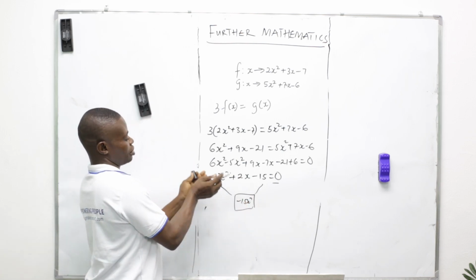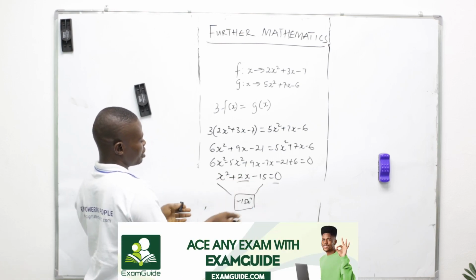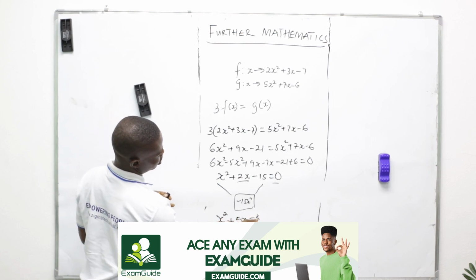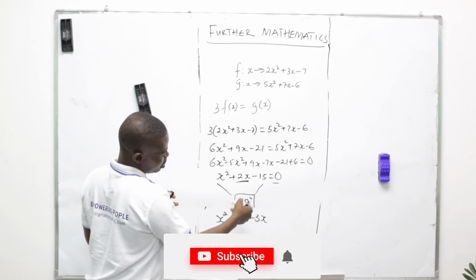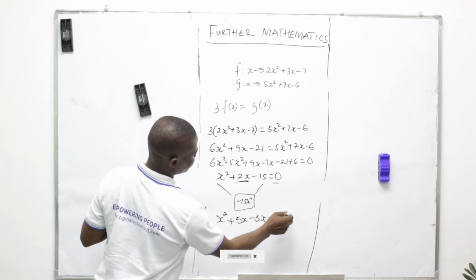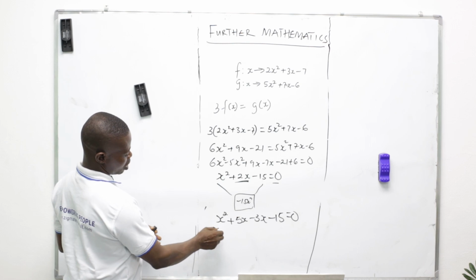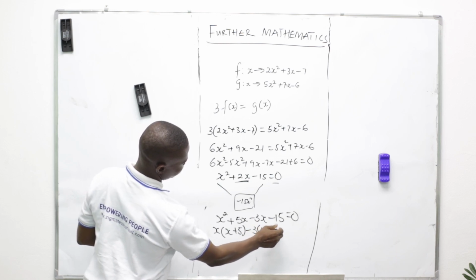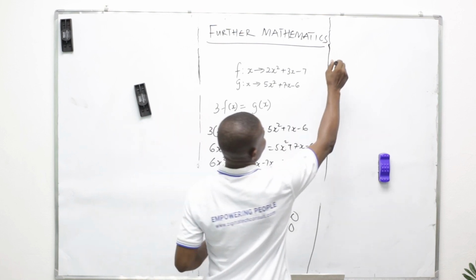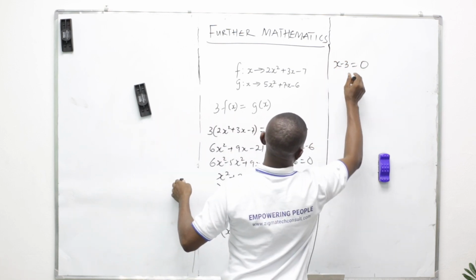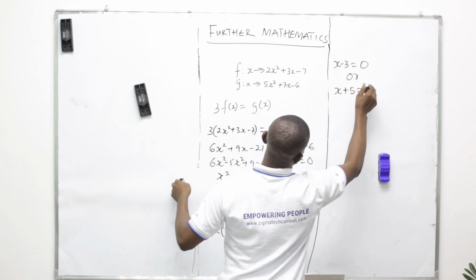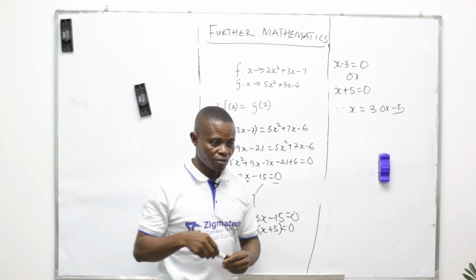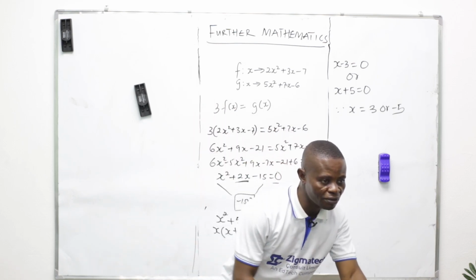What are two numbers that, when we add, give us 2x, and when we multiply, give us −15x²? So x² + 5x − 3x − 15 = 0, since 5x minus 3x produces 2x, and −3x times 5x gives −15. Then x(x + 5) − 3(x + 5) = 0, so that x − 3 = 0 or x + 5 = 0. Therefore, x equals 3 or −5. Option C.